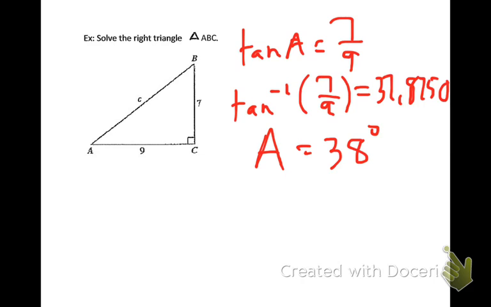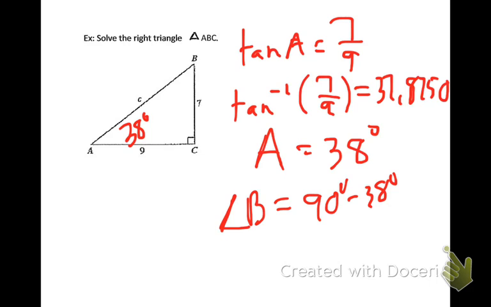Right, so if A is 38 degrees, what else do we know? Angle B would be 90 minus 38. Right. Angle B equals 90 minus 38 degrees, so that's going to equal 52 degrees. Alright, and then how about side C? How could we find it?